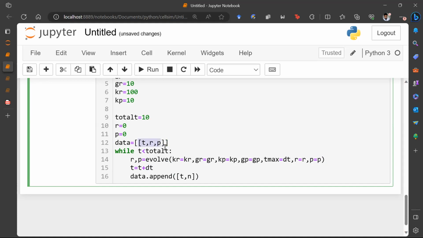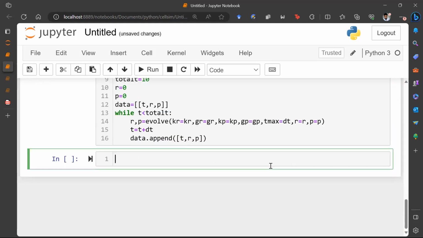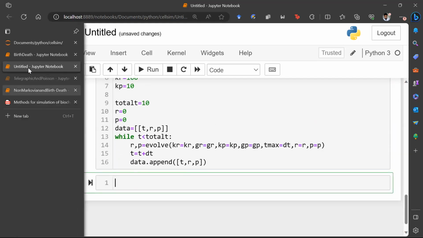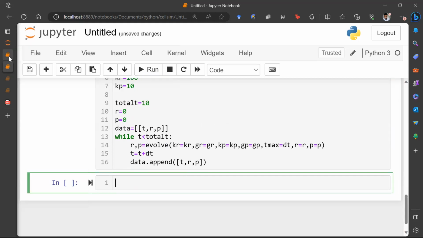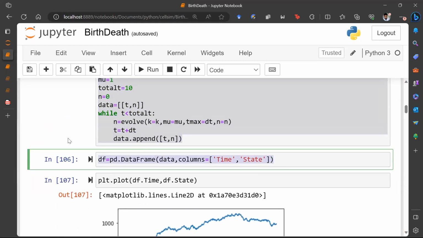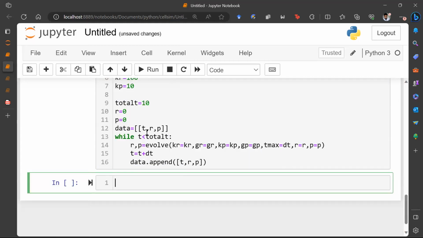If I was right, it should work. And I convert the array into a pandas data frame.